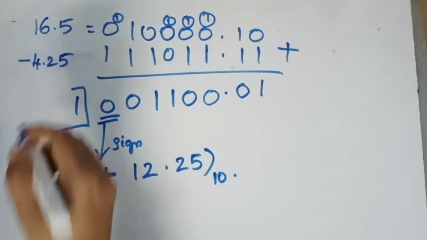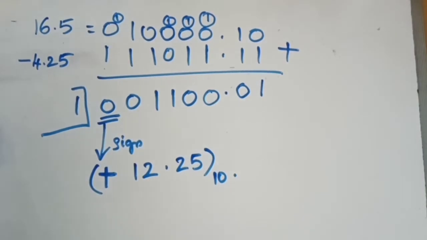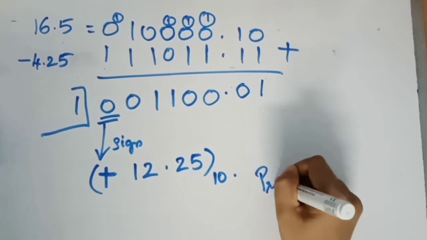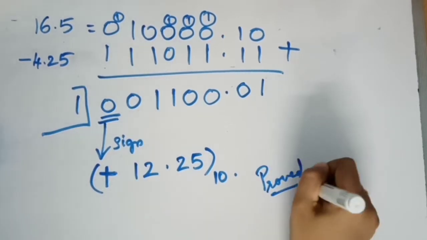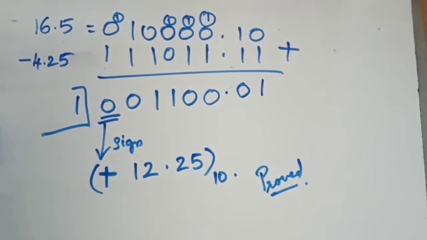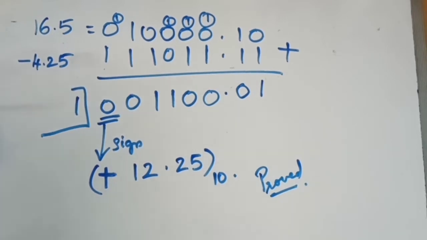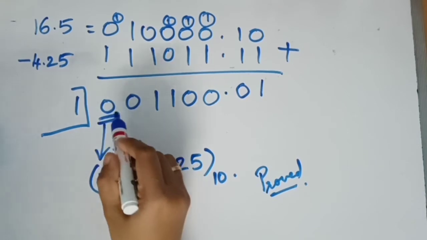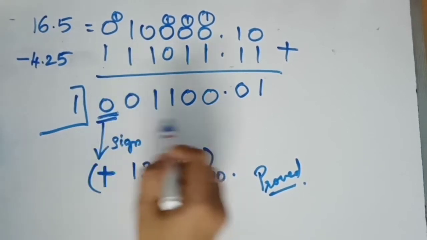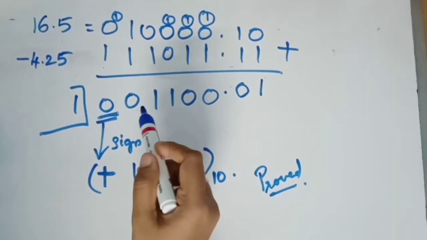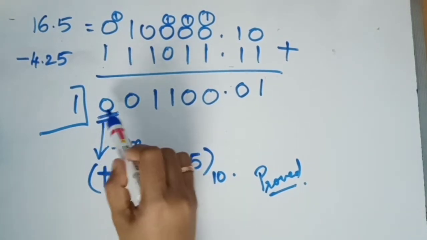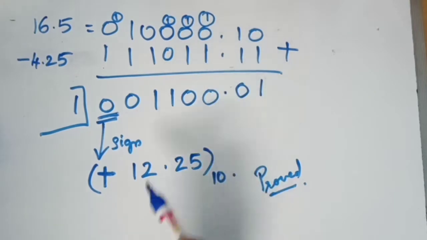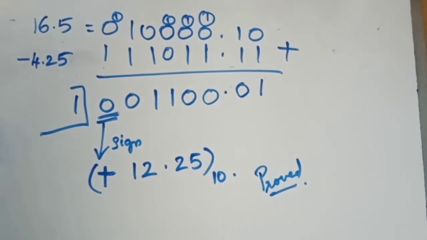So 16.5 minus 4.25 is 12.25, and the answer is correct. So here what you should know is, if the sign bit of the answer of a subtraction is positive, then just find out the magnitude. This is the magnitude. Just write it down and that will be correct.